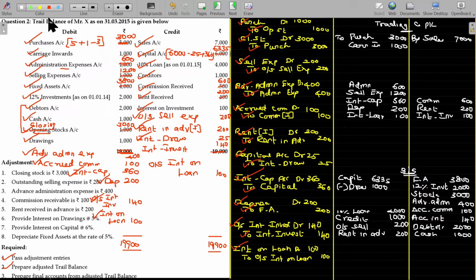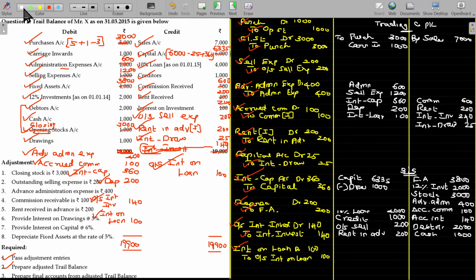The owner has taken the money, but then the owner has to pay the money to the company. This is income for the company. Interest on drawings, the value being 25, and interest on investment. Interest on investment here is 140. I can add it up with this, right? So 240. It's a repetition, so I'll just do this addition there. So the value of interest on investment being 240. Stand corrected.